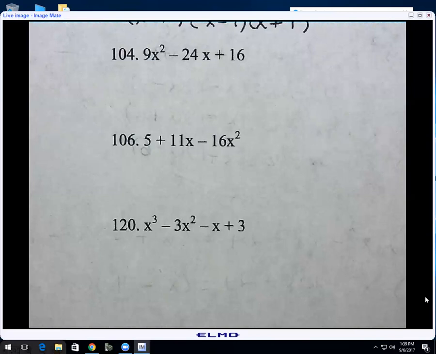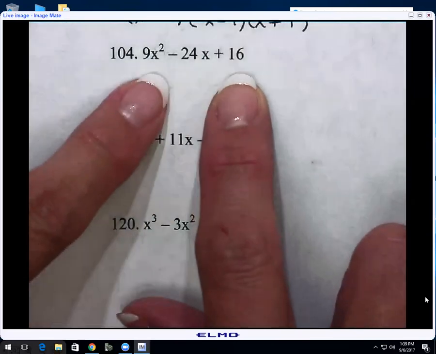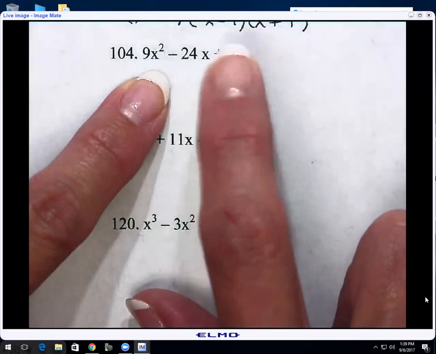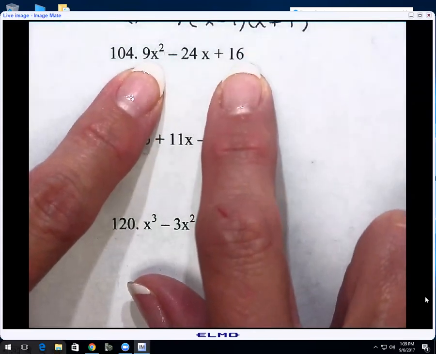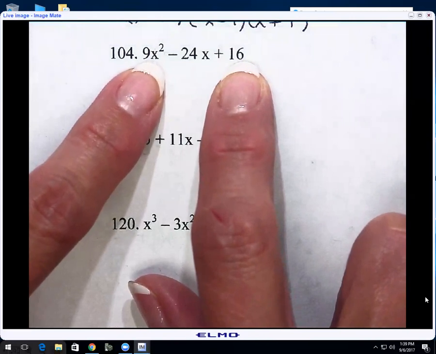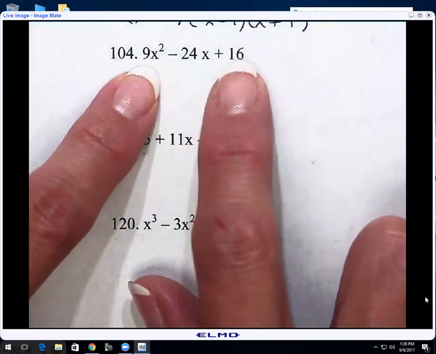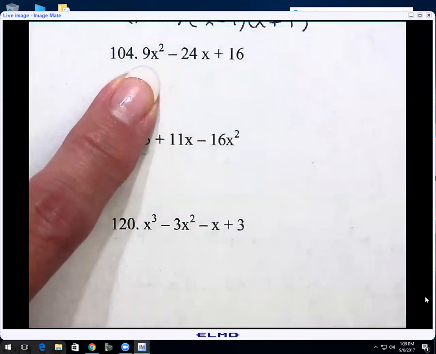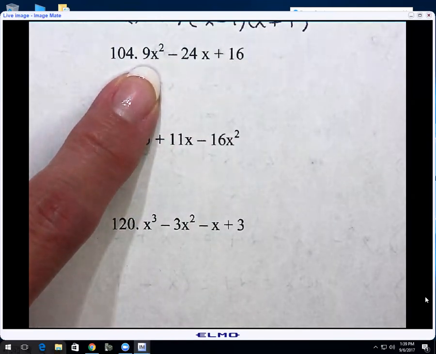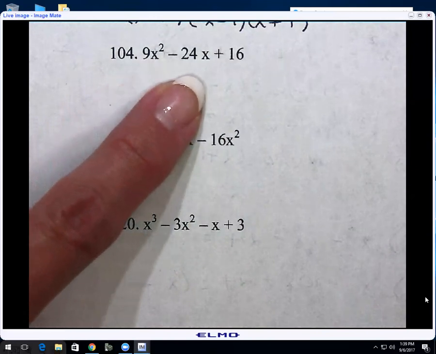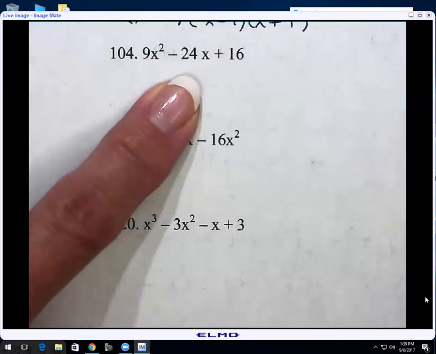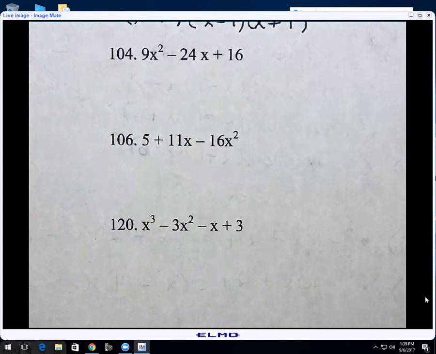Maybe, because 9x squared is a perfect square, and 16 is a perfect square. And what's that third test? Square root of the first term is 3x, square root of the last term is 4. Multiply those and you get 12x, doubled. Gives you the middle term. So it is a perfect square trinomial.